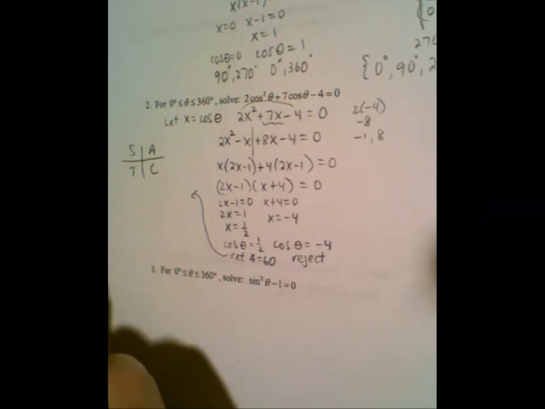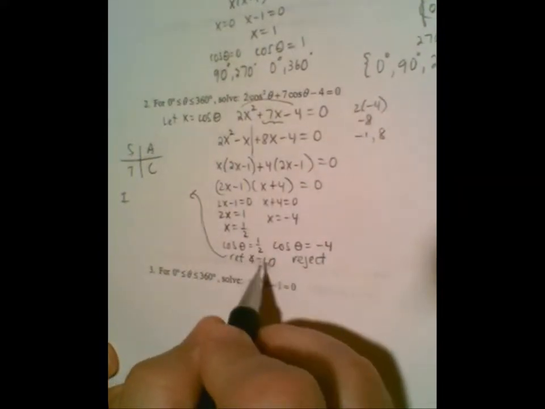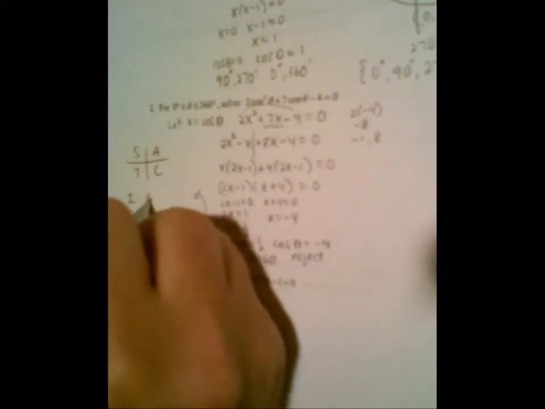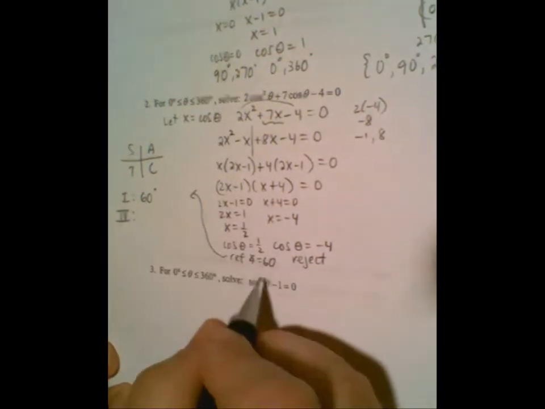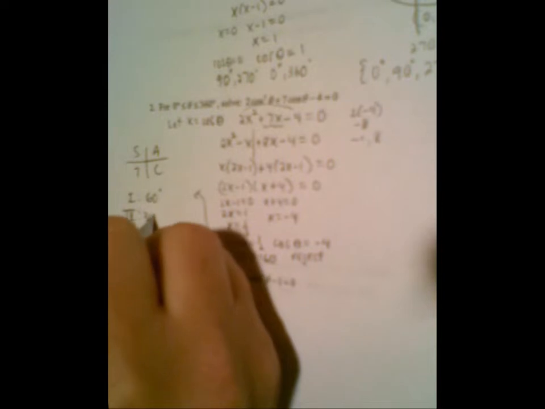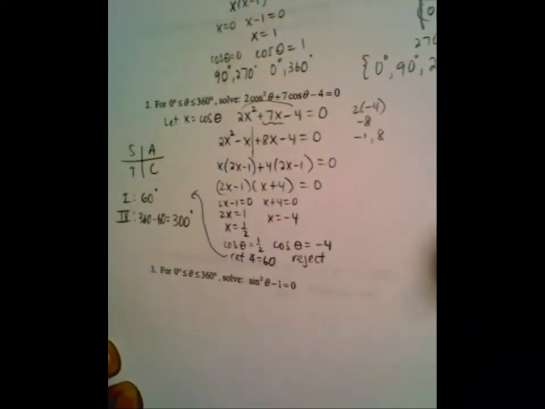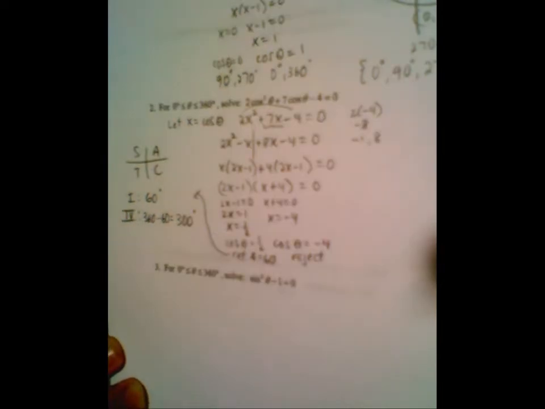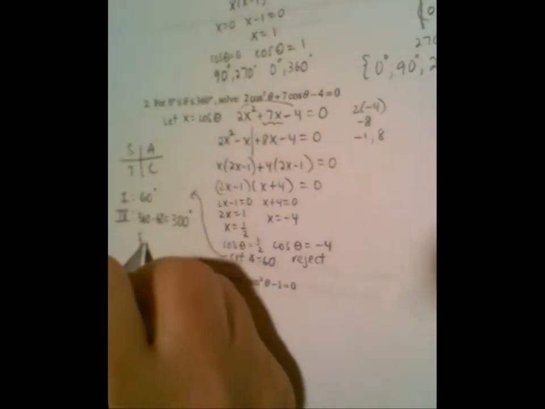So in quadrant 1, 60 is 60. And in quadrant 4, we do 360 minus 60, which is 300 degrees. So the answer to this question is 60 degrees and 300 degrees.